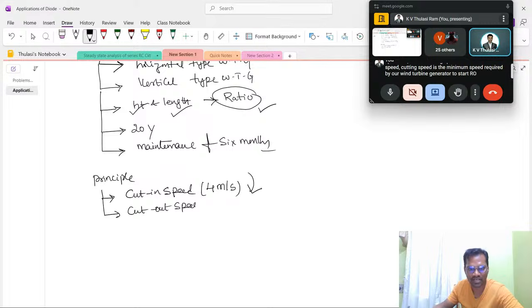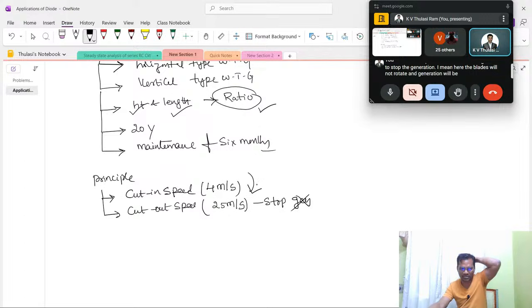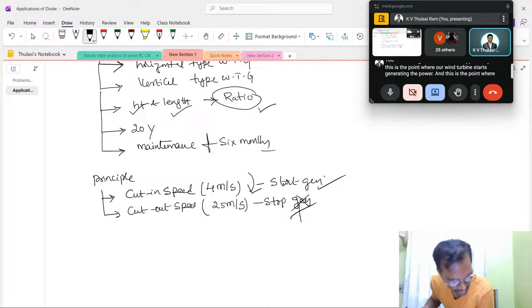Cut-out speed is the maximum speed of the wind turbine generator at which generation stops, I mean, the blades will not rotate and generation will be stopped. So this is the point where our wind turbine starts generating power, and this is the point where our wind turbine will not rotate.